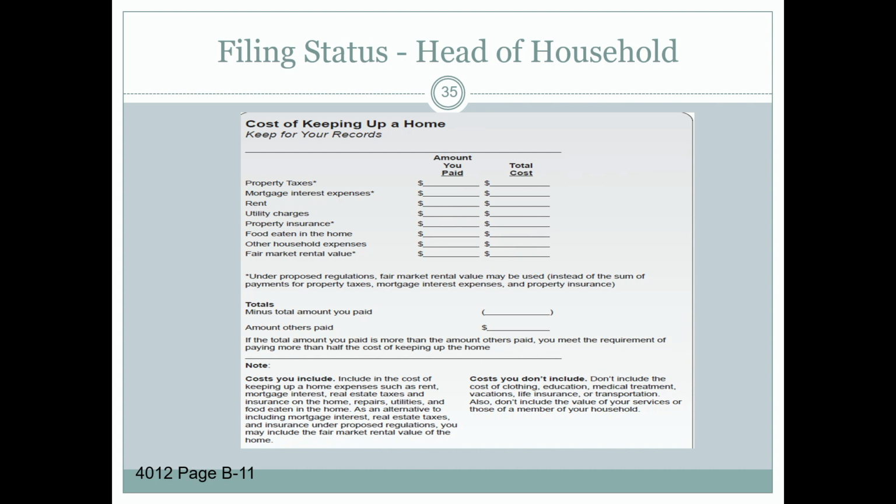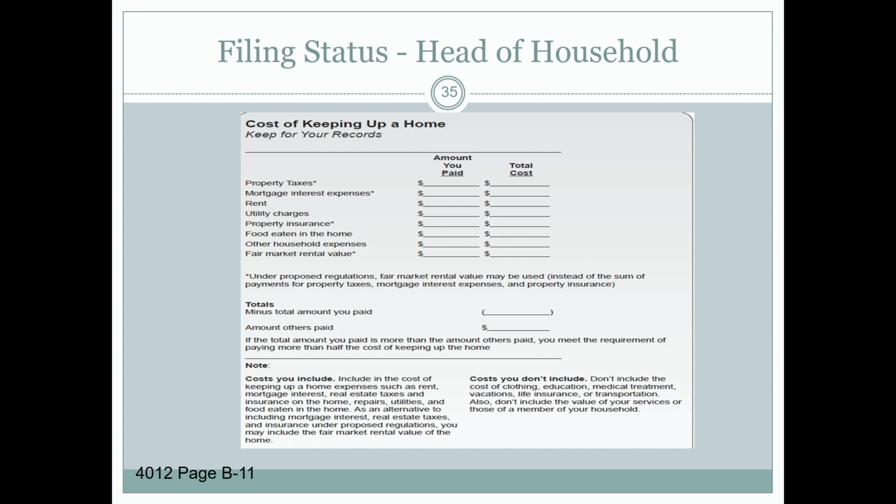If you look at the form, it shows property taxes, mortgage interest, property insurance, and the fair rental value with the little asterisk. You cannot claim the property taxes, the mortgage interest, and the insurance, and the fair rental value. You choose one or the other.